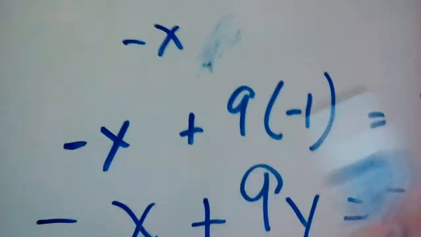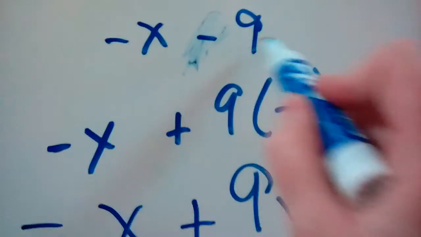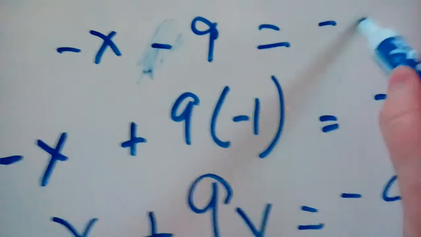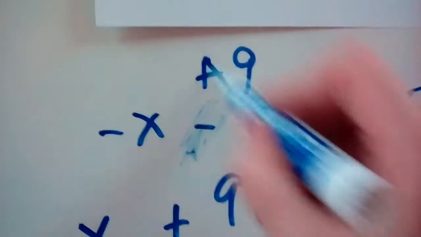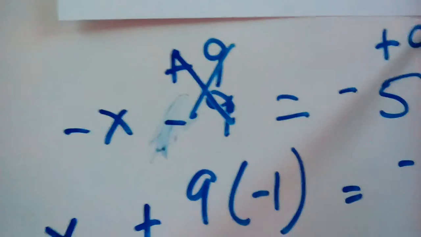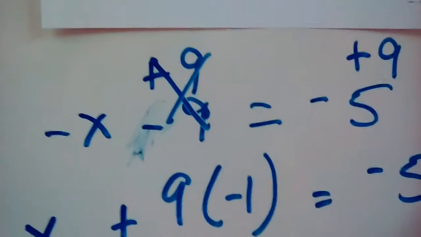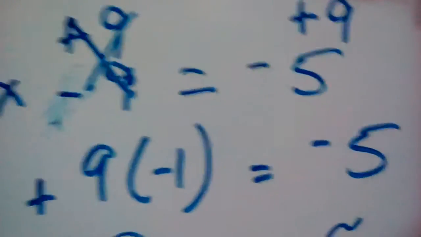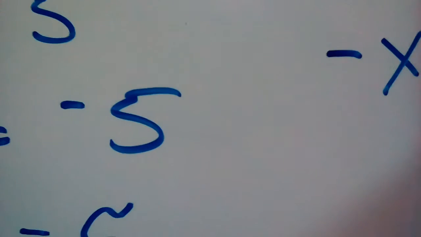That's going to be a negative 9, which is equal to a negative 5. And x wants to be by himself because he's a big loner, just like the y. So if this is negative 9, now I'm going to make it positive. Cancels out. So now I have negative x, which is equal to, well, what's positive 9 and negative 5? It's going to be a positive 4.